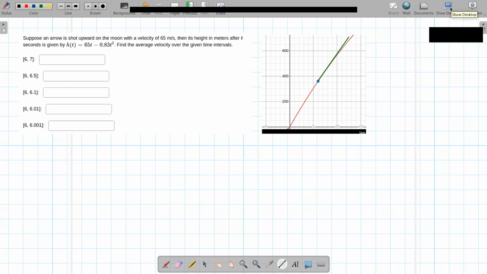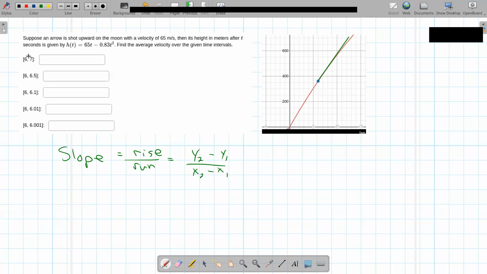So I'm going to write down a little bit here. Remember, we're trying to find slope between those points. Our slope is rise over run, and that's y2 minus y1 over x2 minus x1.